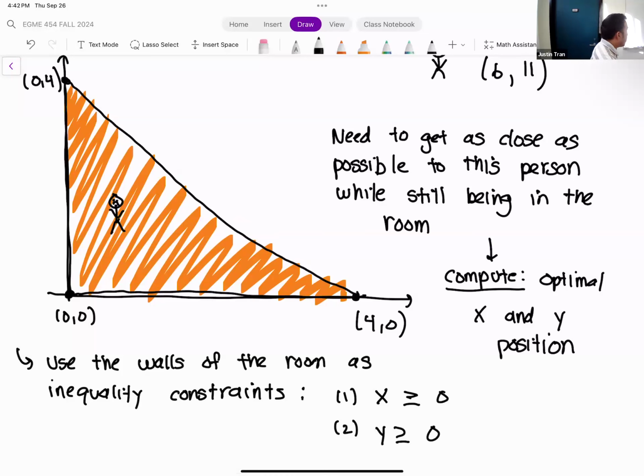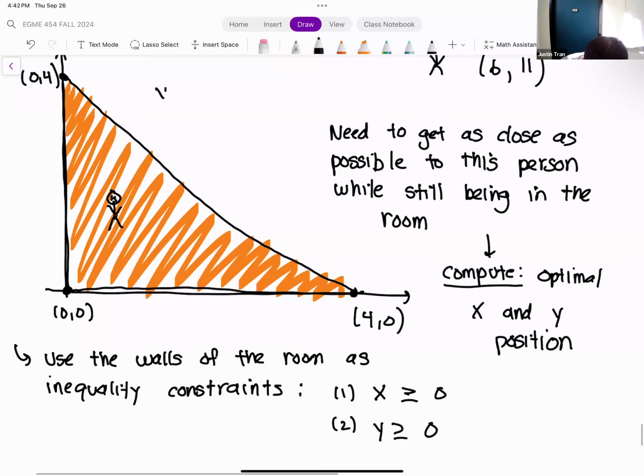Our third wall is that slanted line, right? And so if you look at the coordinates of where it intersects, we can use the very basic y is equal to mx plus b. We can see that the y-intercept for this wall is at 4.